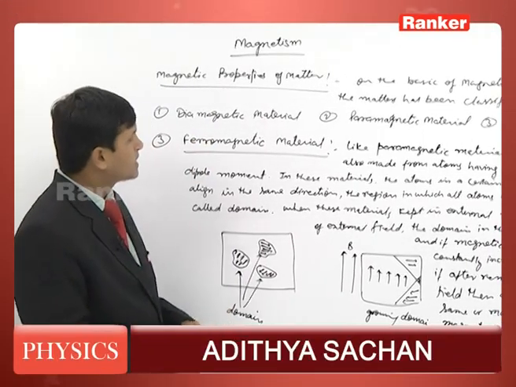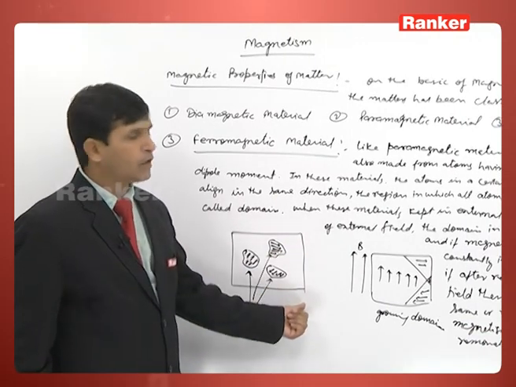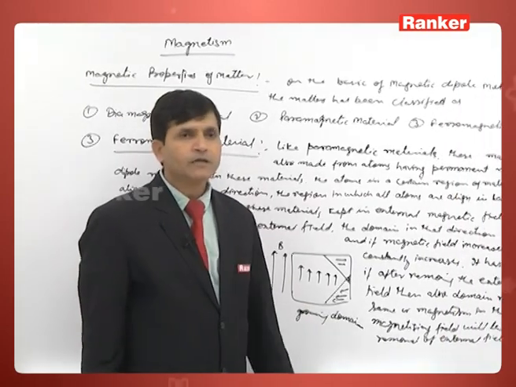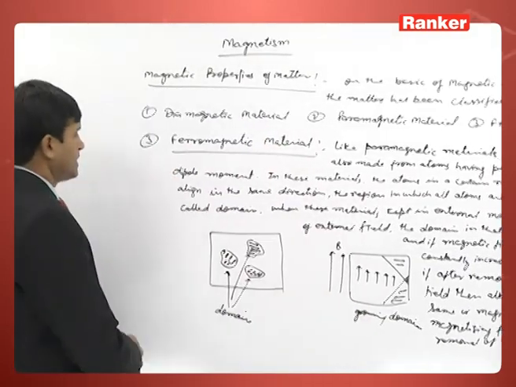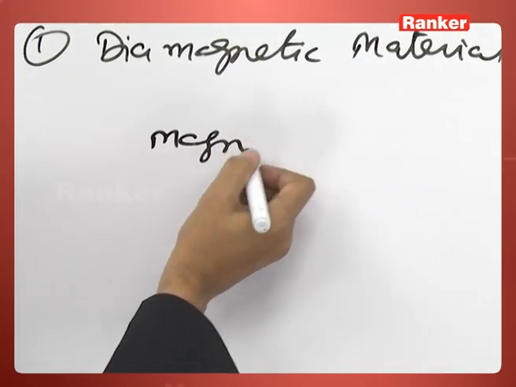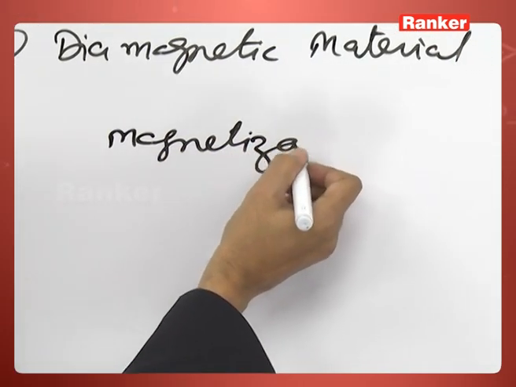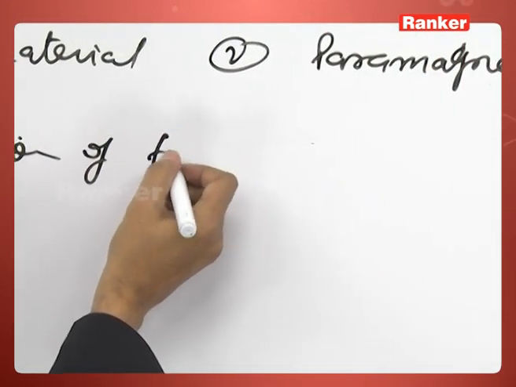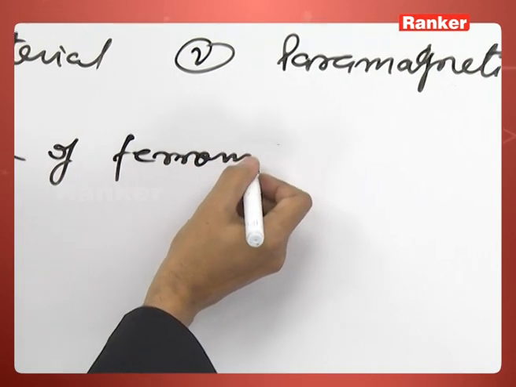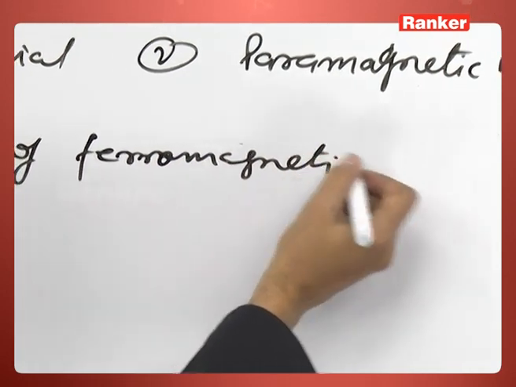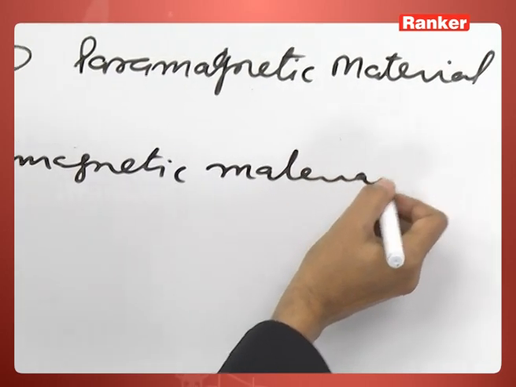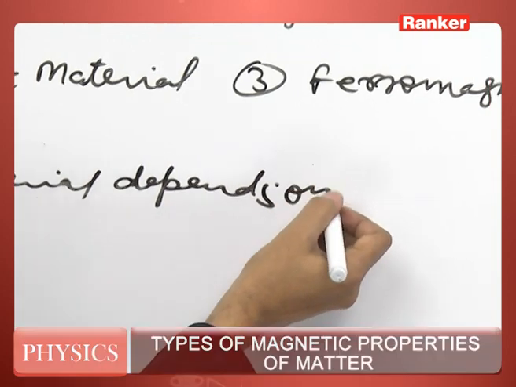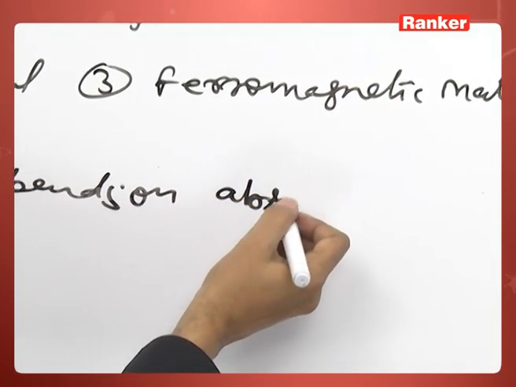But their magnetism is very, very strong, and their magnetic properties also depend on temperature. So see here, magnetization of ferromagnetic material depends on absolute temperature.